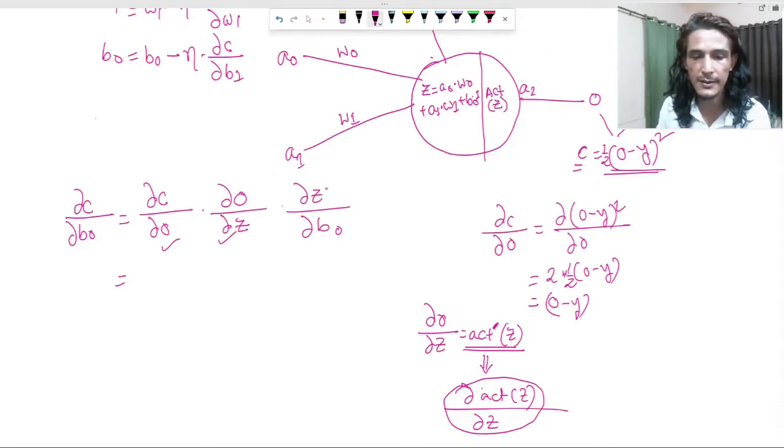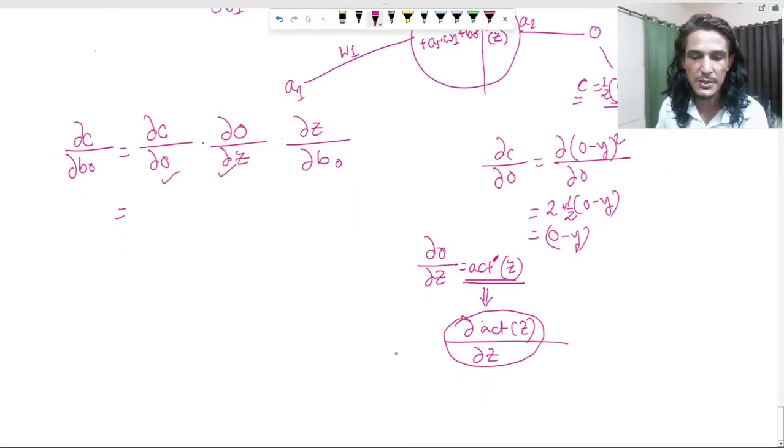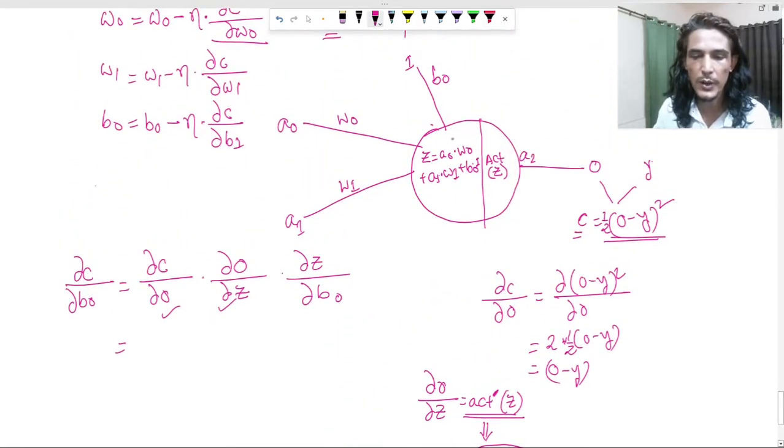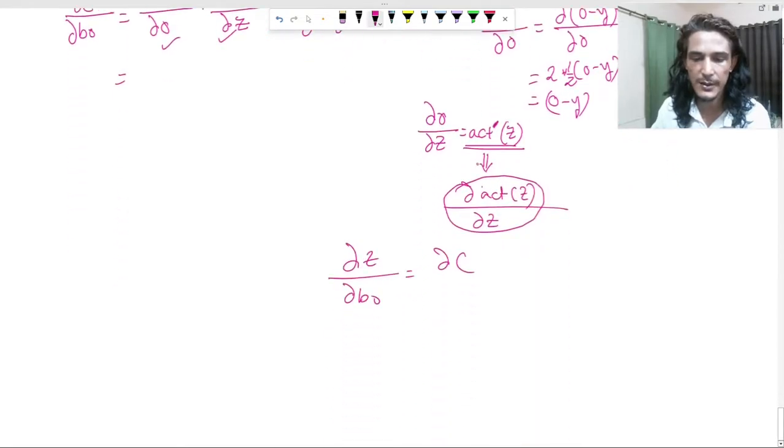Now, having said so, suppose we have computed this, we know how to write it at least, and then the final question is: what is this dz by db0? You know that already, right? What is this z? This is the weighted sum of all these terms: a0 into w0 plus a1 into w1 plus b0.